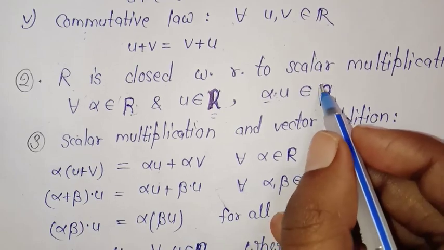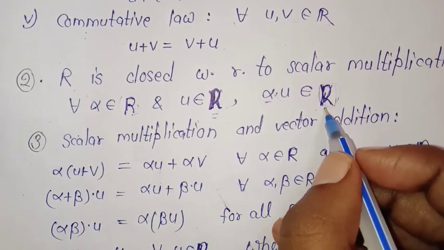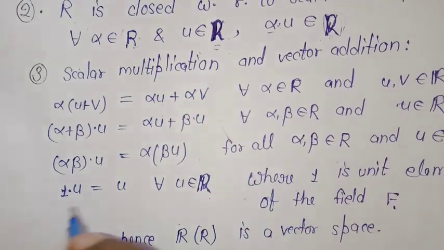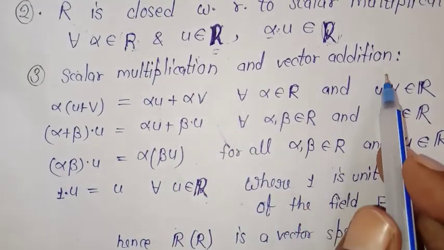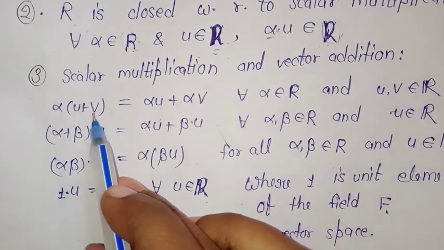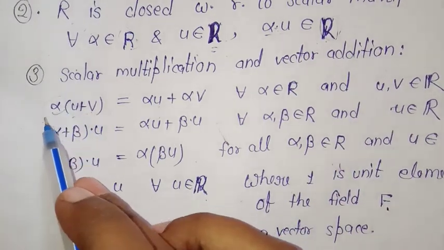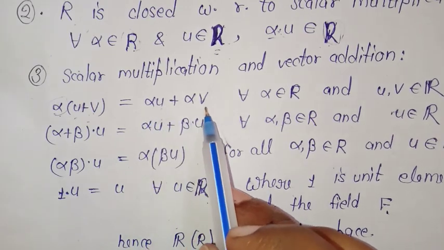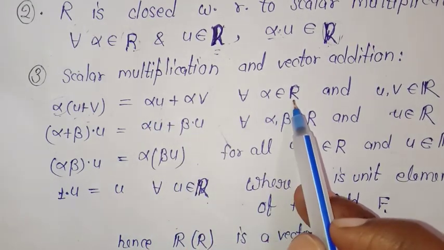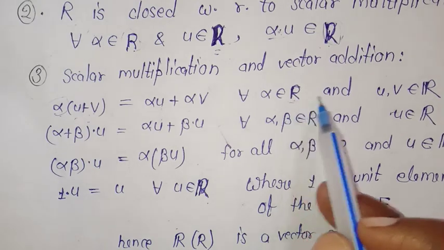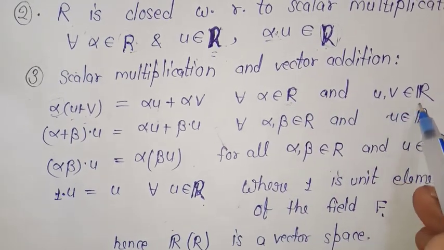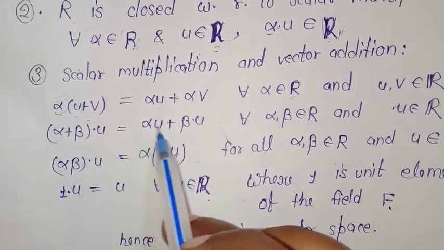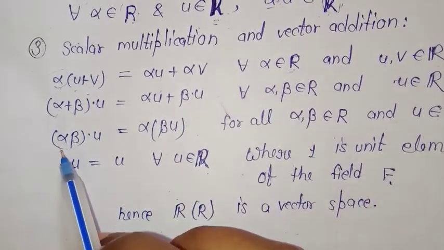Now the next properties are the scalar multiplication and vector addition: if you add two vectors and apply the scalar multiplication over them, then you will get alpha dot u plus alpha dot v, and this is true for all alpha belonging to simple R and u, v belonging to bold R. Similarly for the other property.